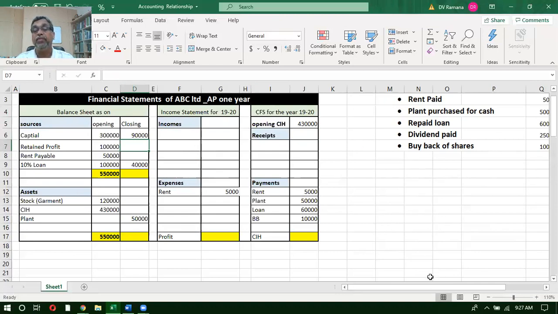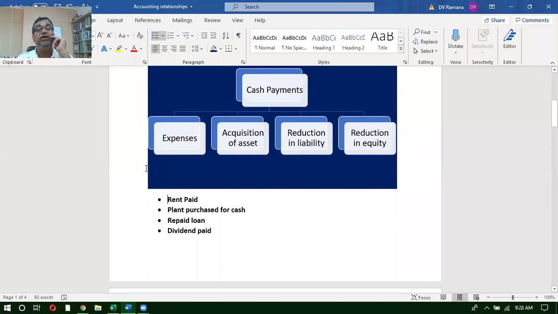There is also dividend payment. Distribution of dividend is 25,000, which is a reduction of the retained profit. So in this example, we have seen how the payments of a company may be towards expense, acquisition of asset, reduction of liability, or reduction of equity.